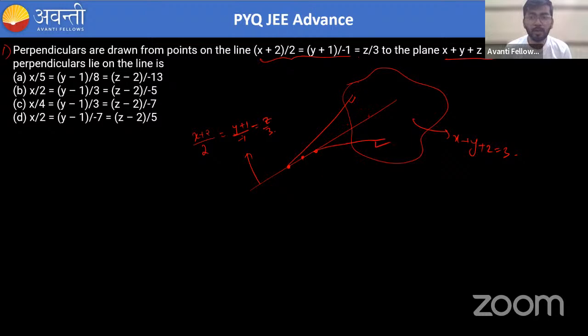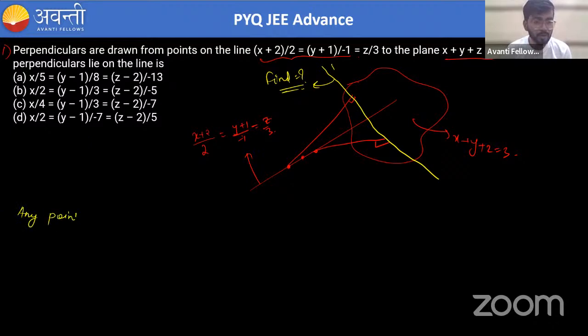These perpendiculars will lie on some straight line that we are supposed to find.